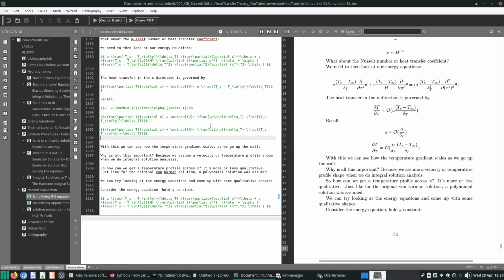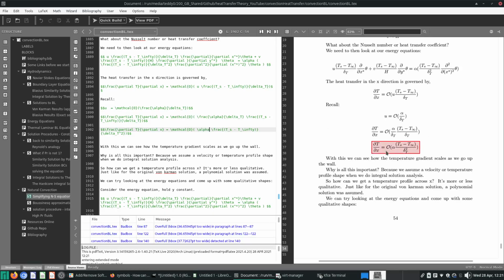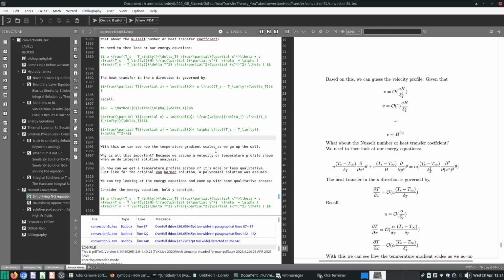Roughly, I will just bring these terms together and have alpha on the outside. dT/dx actually scales with alpha times Ts minus T infinity over delta T squared. So it's this term over here. And if we were to substitute the term for V, we would see more or less the same thing.